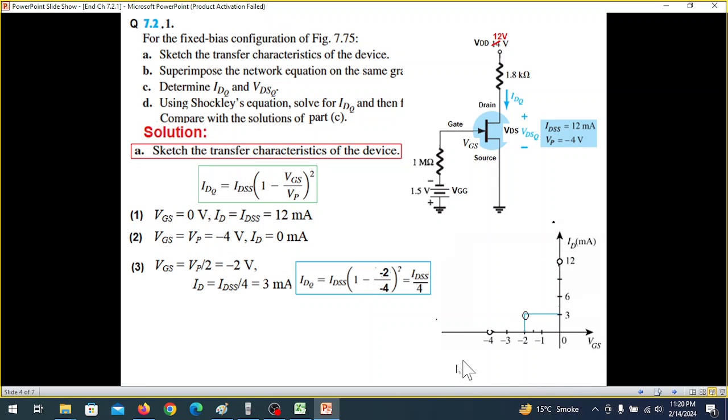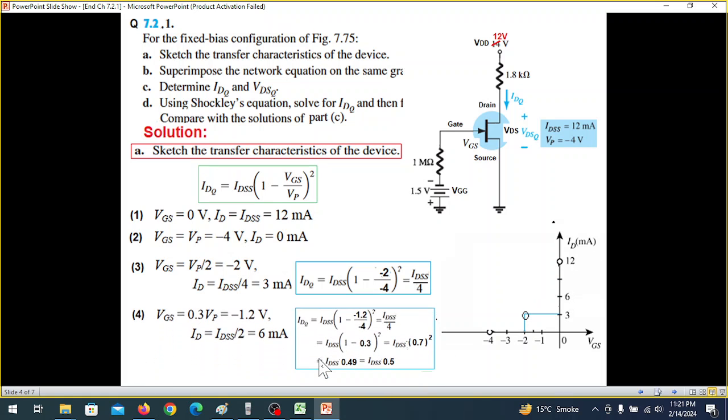This is the point. And we can draw a curve, but to be more accurate, we need at least one more point. And that point we are taking to be VGS equal to 0.3 VP. So 0.3 of VP, which is minus 4, will be minus 1.2.